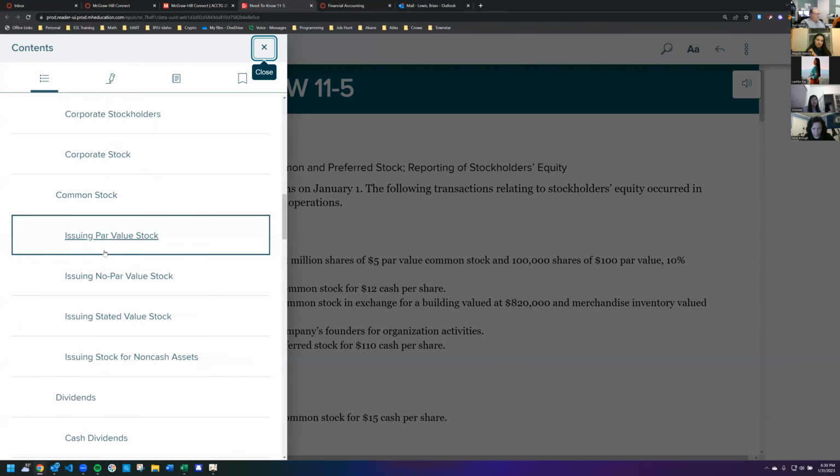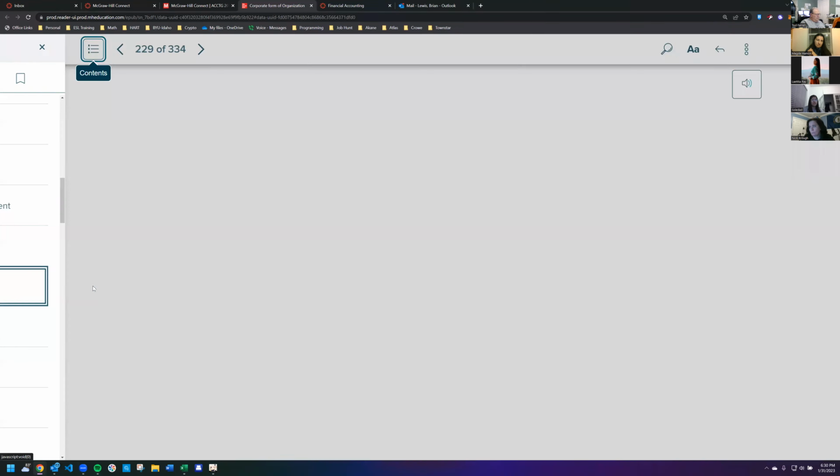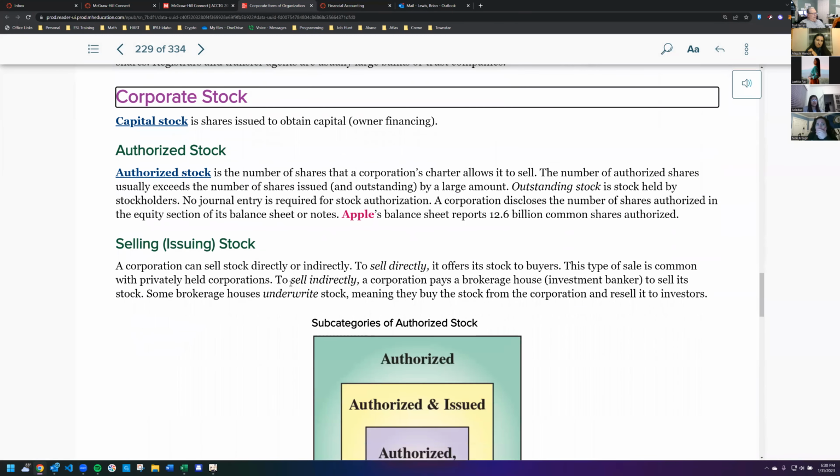Authorized shares are the total number of shares that the company has said it could issue at some time in the future.